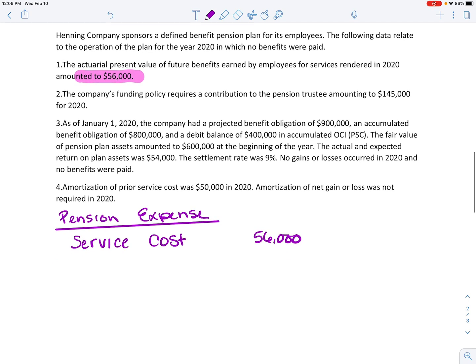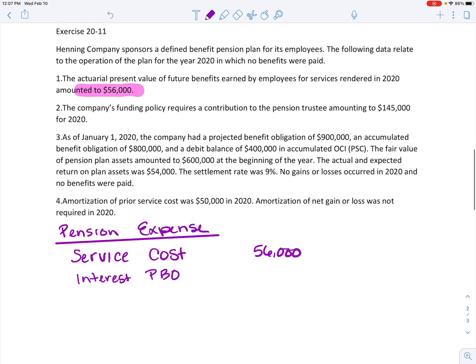Then also what goes into my pension expense is my interest on my projected benefit obligation. Remember when we talked about this, we said we're going to take our projected benefit obligation and multiply it by that settlement rate.